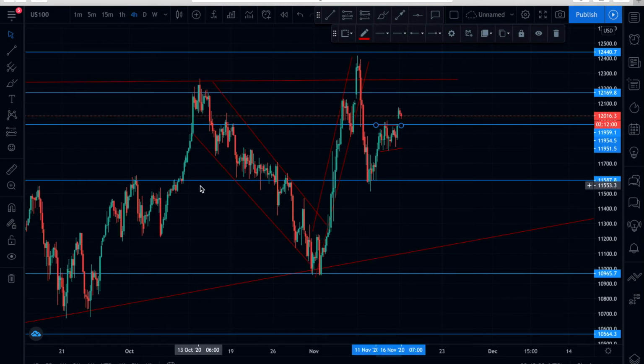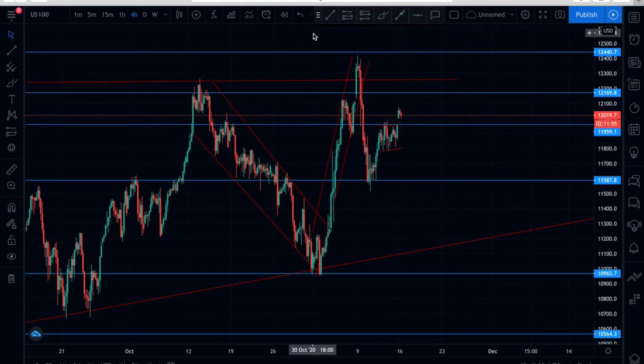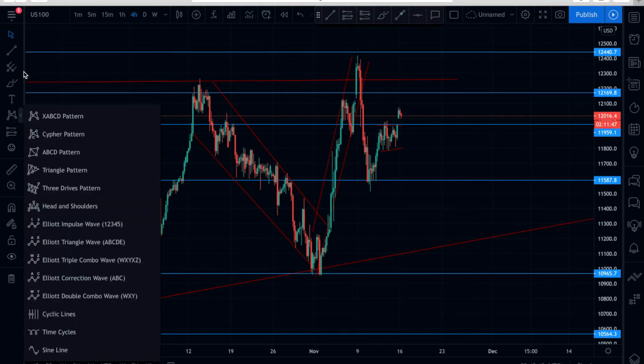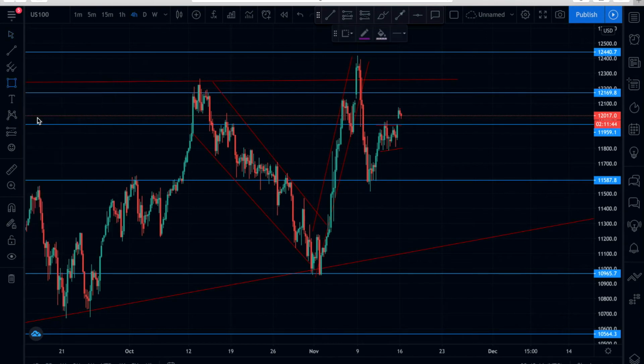Now, here I'm going to have support. So I'll use my triangle. Where is my triangle? It's supposed to be there. Yes, it is here. No. My rectangle, actually. Rectangle.